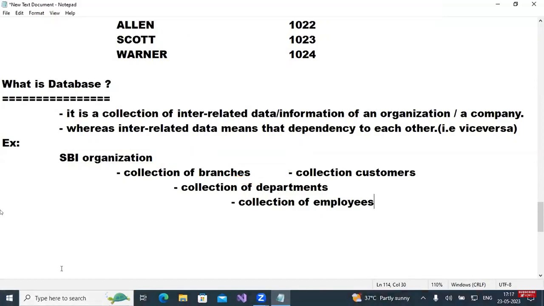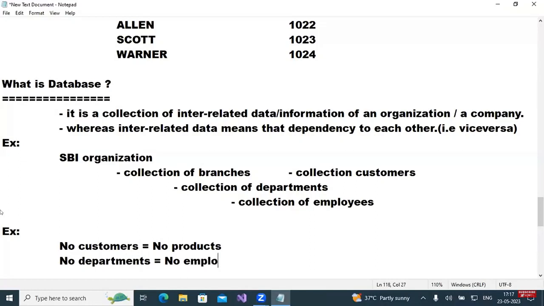Even so we can say like this: if there are no customers, can I say there are no products? Is it right or wrong? Correct? Same as if there are no departments, then there are no employees. And vice versa, can I say? No employee, no department. No department, no employee. No products, no customer. No customer, no products. So this is called vice versa.